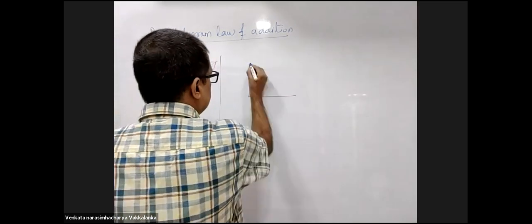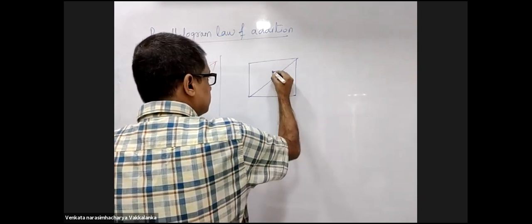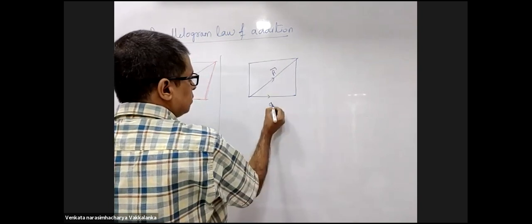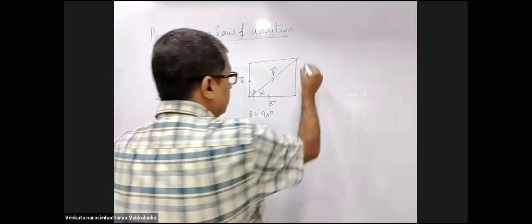That is the first case you are able to visualize. What if the parallelogram is like this? You already visualized this: this is R, this is A, this is B. It's a rectangle, theta is 90 degrees.